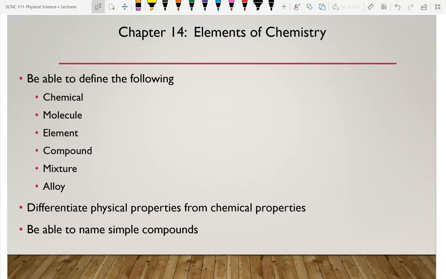All right, chapter 14. Actually talking about chemistry now. Right, 12 and 13 were in the chemistry section, but they were chemistry/physics, or physical chemistry as we call it. Chapter 14 is getting very much into chemistry. So we had a chemical. What does it mean for something to be a chemical?